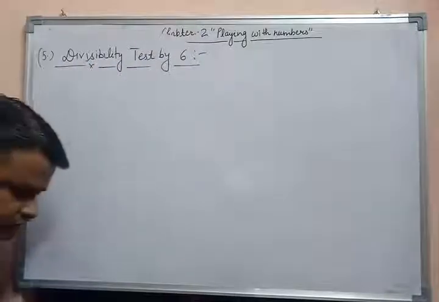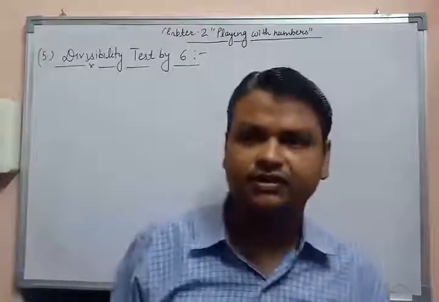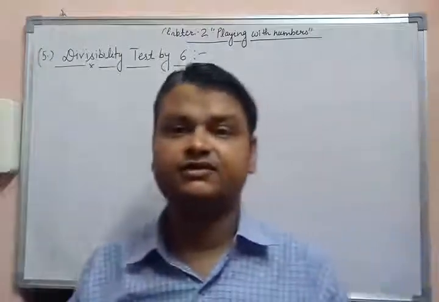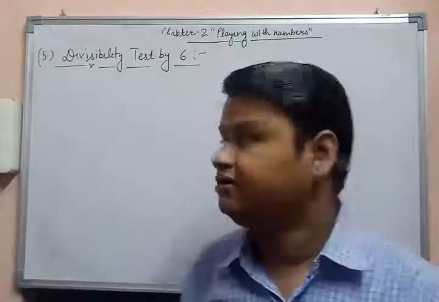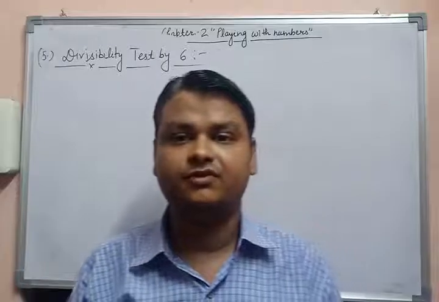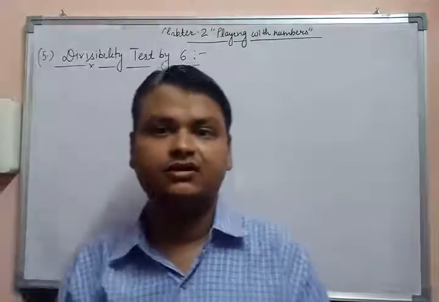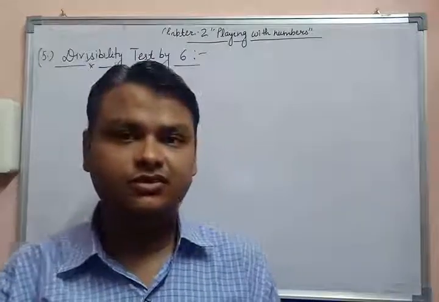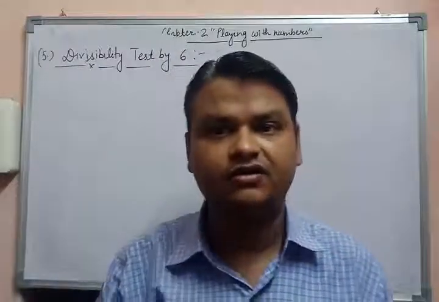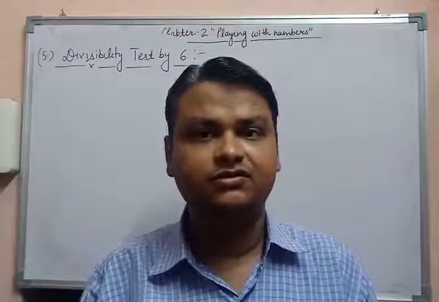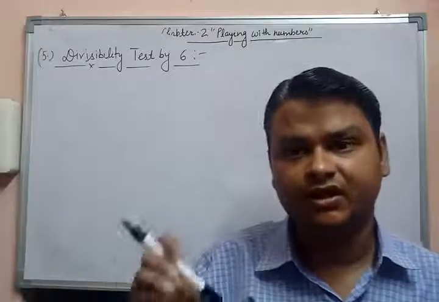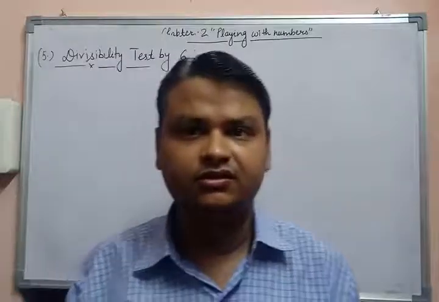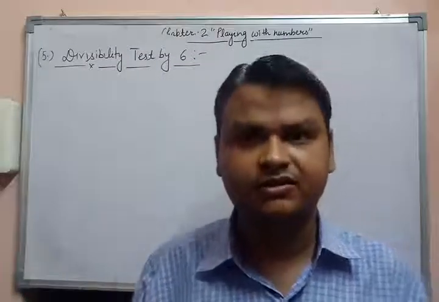First of all, students, if you have to check whether a number is divisible by 6 or not, then first make sure that the number is divisible by 2 and 3. It means you have to check that a number is divisible by 2 as well as 3. Then the whole number will be divisible by 6.